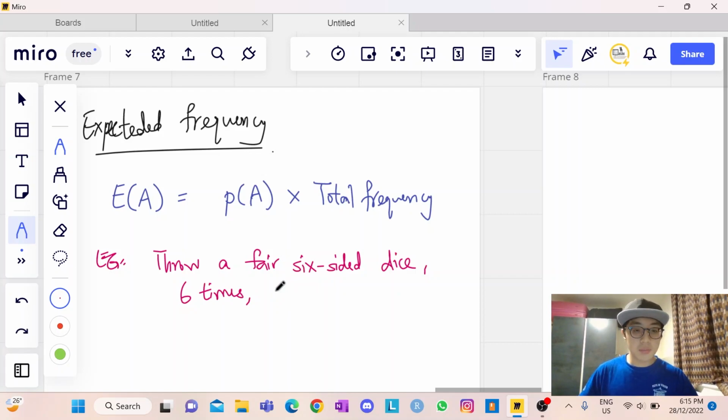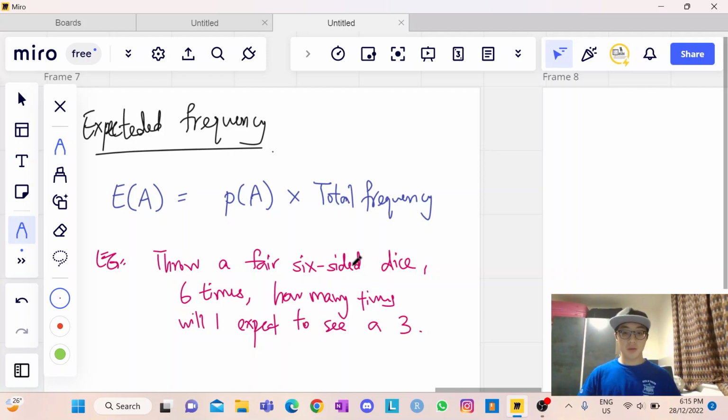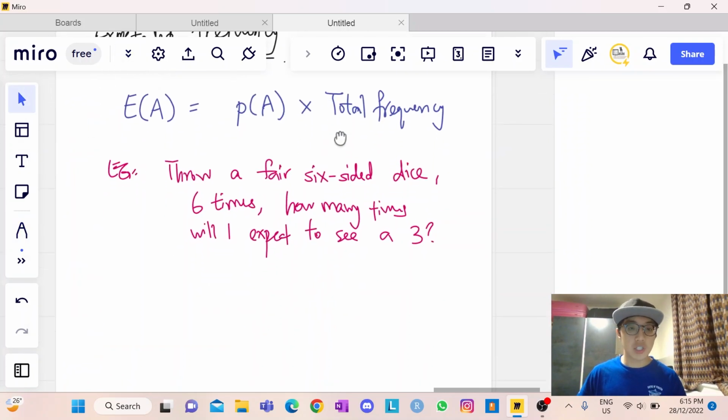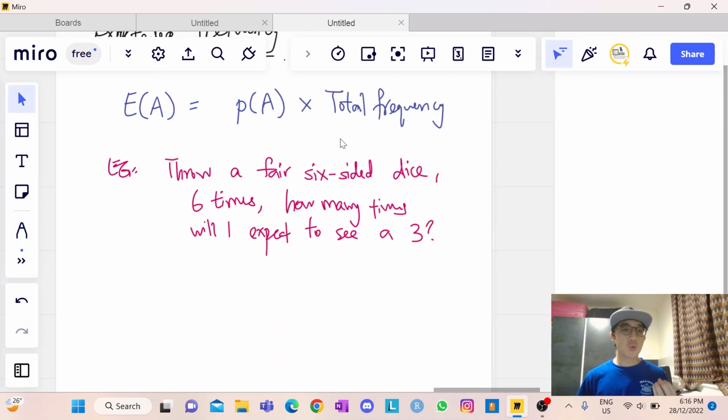How many times will I expect to see a 3? If you can understand this question, I'm throwing a fair six-sided dice for 6 times. So how many times will I expect to see a 3?